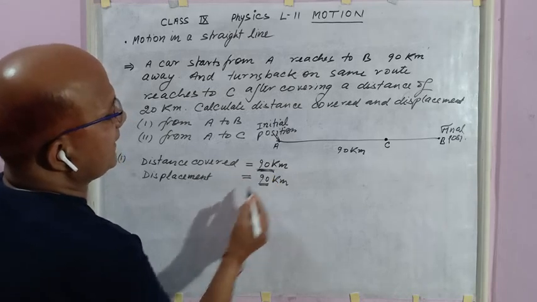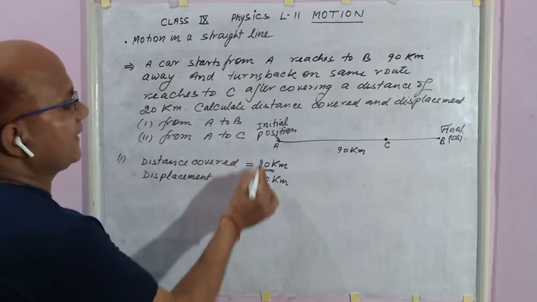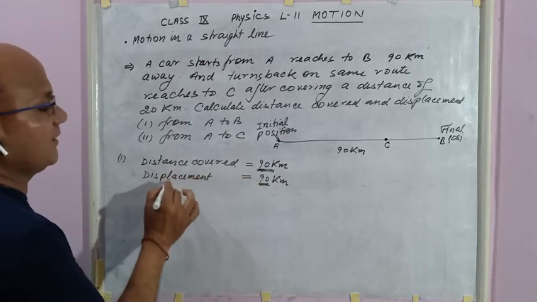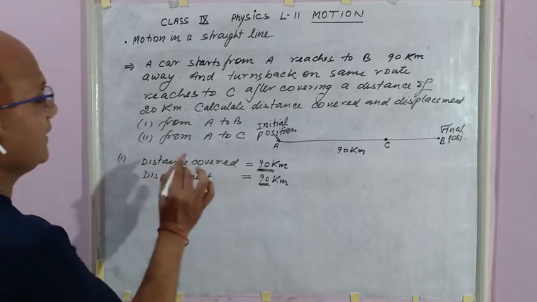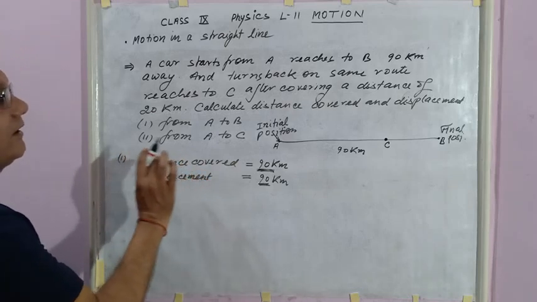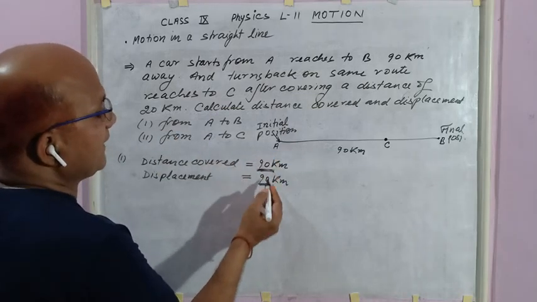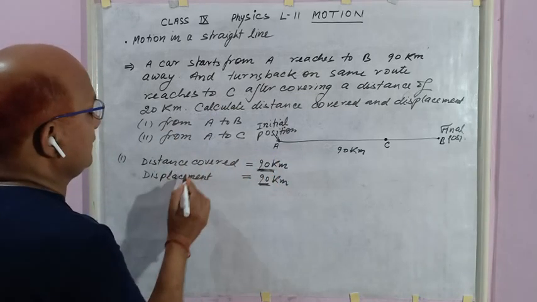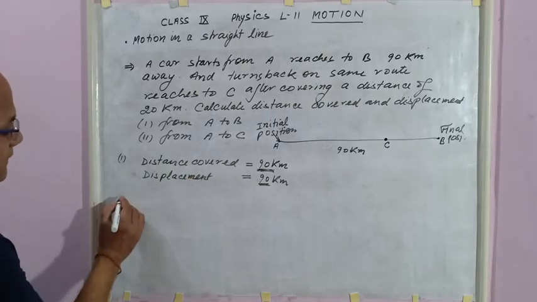So this is 90 kilometer. So magnitude of distance covered and displacement both are same. So in this case, when a body moves in a straight line, every time the distance covered will be same as displacement.